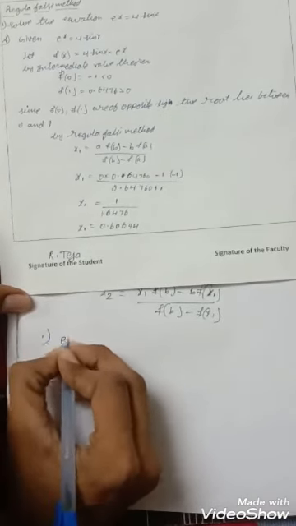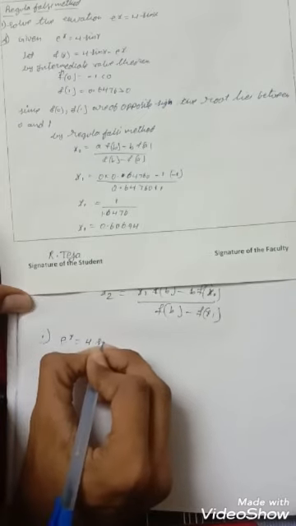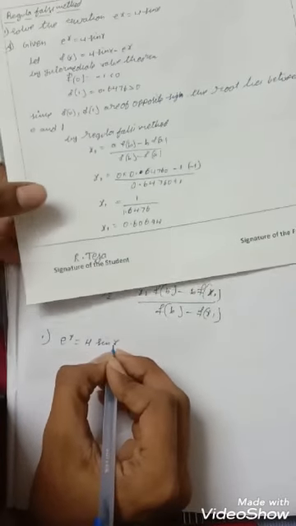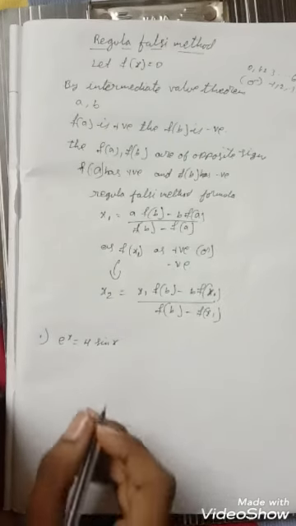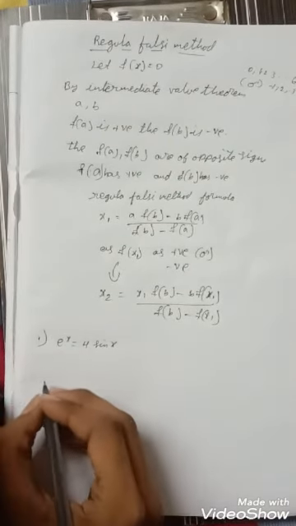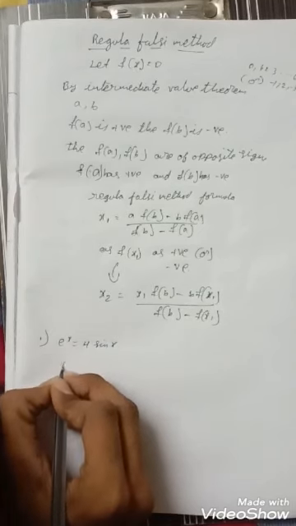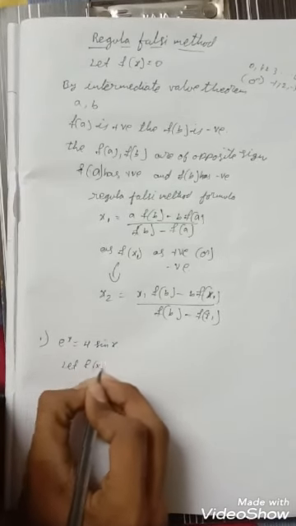The given equation is e power x is equal to 4 sin x. As we know, we write the given equation in the form f of x is equal to 0.